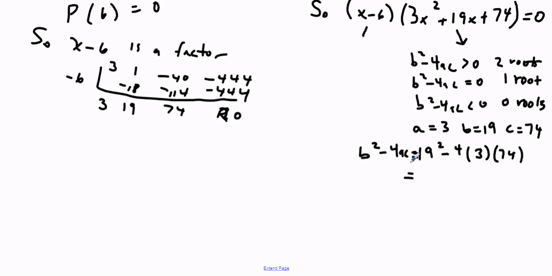All right. So 19 squared, I should know it because that's my job, but 19 times 19 is 361 minus 4 times 3 times 74, which is 888. Oh, look at that. I get 361 minus 888 is minus 527.